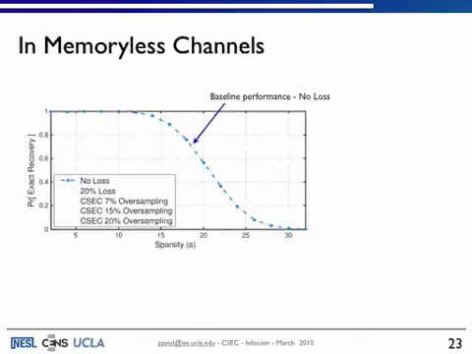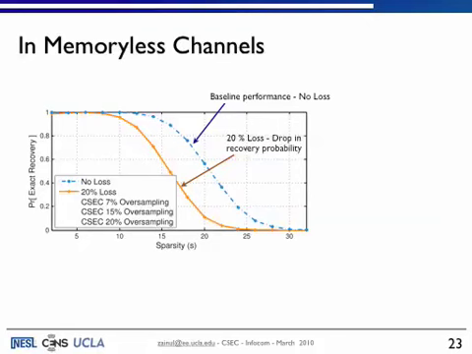We did some evaluation. When you look at the performance in terms of recovery, this is the baseline performance with no loss. And when we have 20% loss in our signal, okay, there we go. There's a drop in the recovery probability when you have 20% loss on your channel.